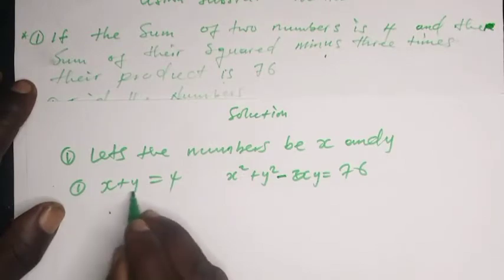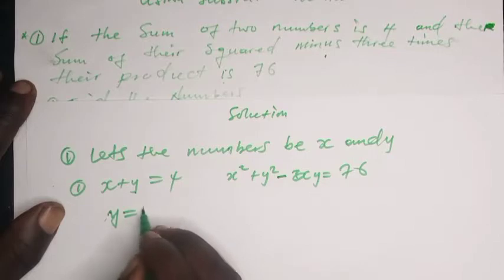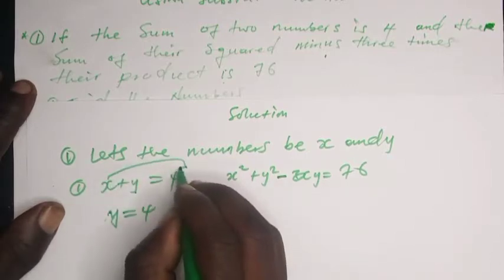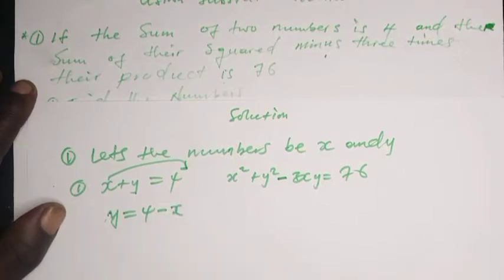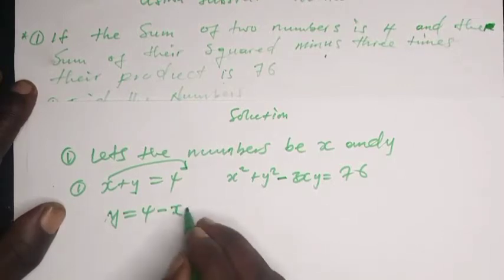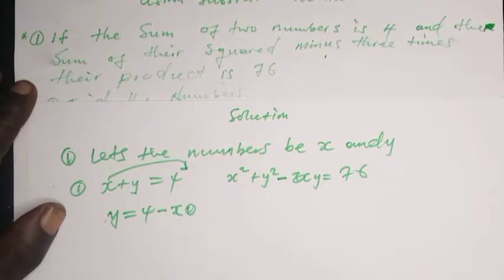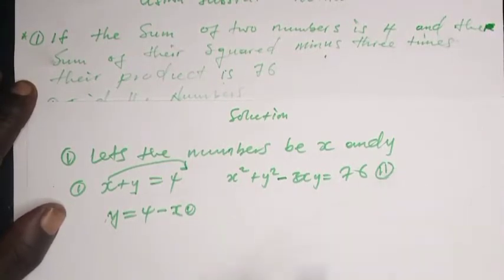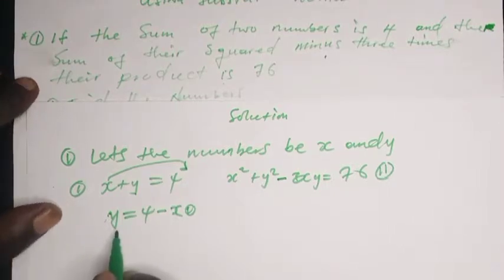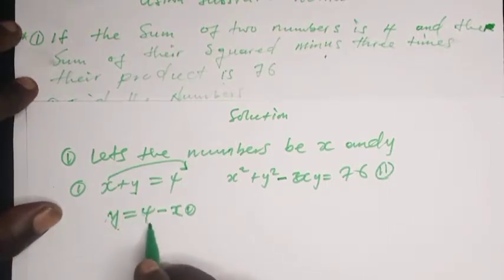Here we are going to make y the subject of the formula. It is y equals 4, when x crosses the equal sign, it will be minus x. Then this is equation 1. We are going to substitute it into equation 2. So where there is y, we put 4 minus x.